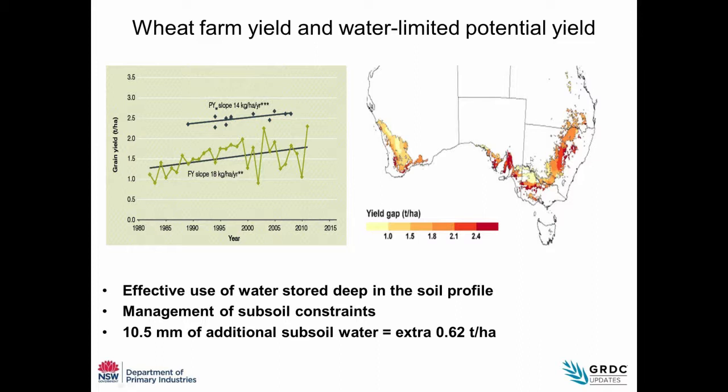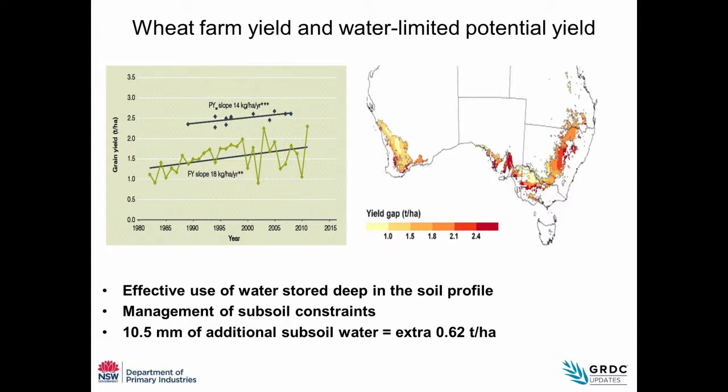And what you see on the map of Australia on the right-hand side is actually that gap that exists in the grain belt of eastern, southern, and western part of Australia, which is anything from 1 to 2.4 tons per hectare. And that gap is due to many reasons, one of them being subsoil constraints or soil constraints, if you'd like to put it that way.